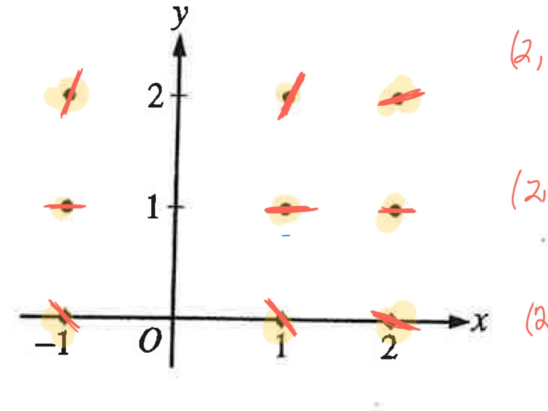Everything that had a y value of 1 ended up with a horizontal piece. Everything that had a y value of 2 was some kind of positive number. And then everything with a y value of 0 along the bottom had some kind of negative slope.